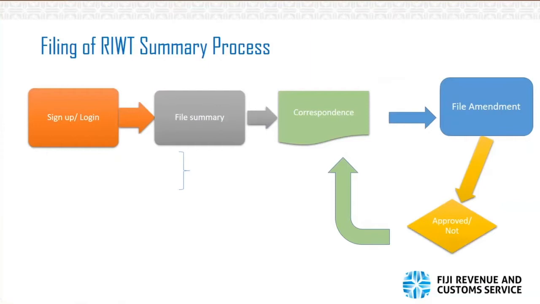Once it is filed, it's a self-assessment, so the liabilities are posted automatically and the taxpayers are advised accordingly. If the taxpayer wants to file an amendment, they can do so, and that amendment will go for approval. The final result, the notification of the amended assessment, will also be sent out to the customers.